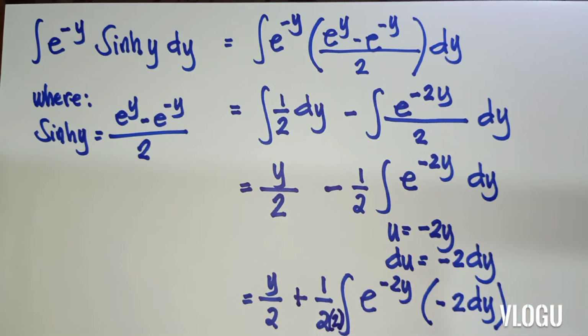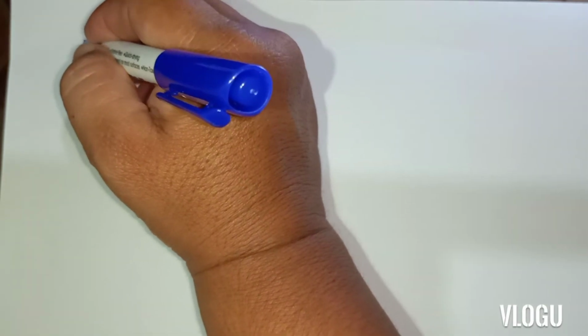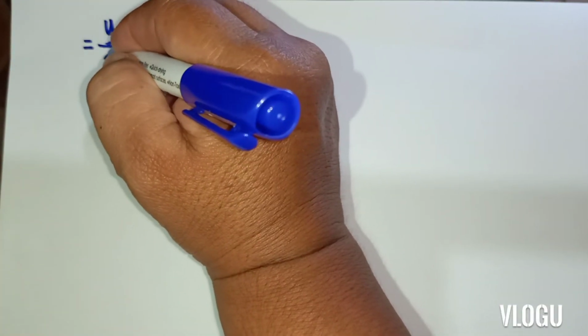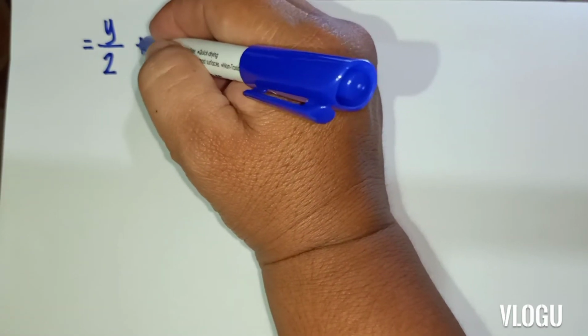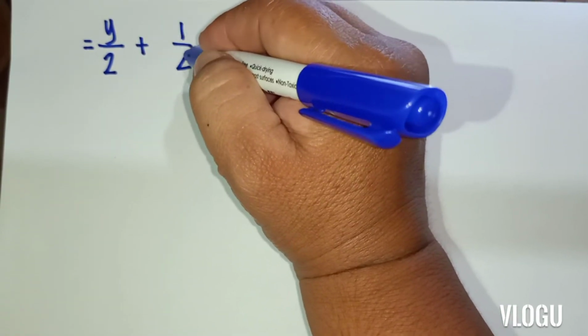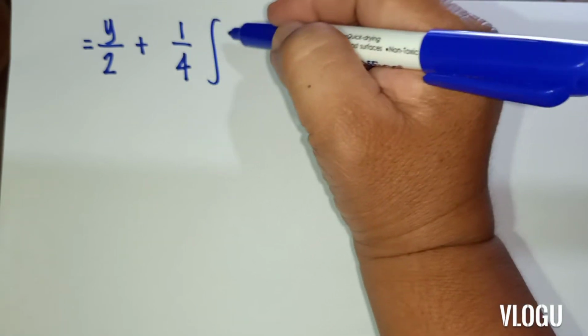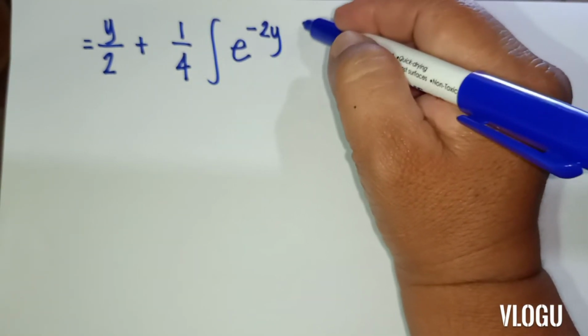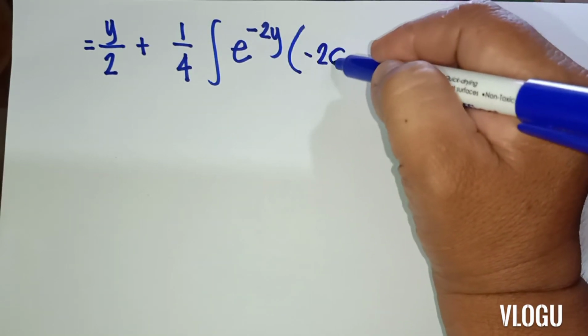Okay, so our final answer will be equal to y over 2 plus 1/4 the integral of e^(-2y) times negative 2 dy.